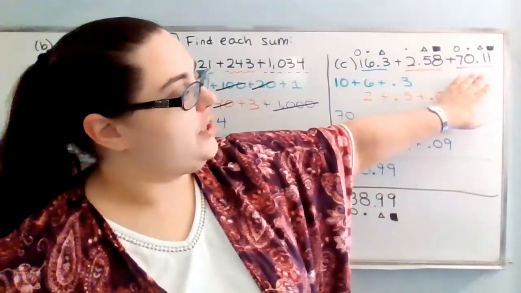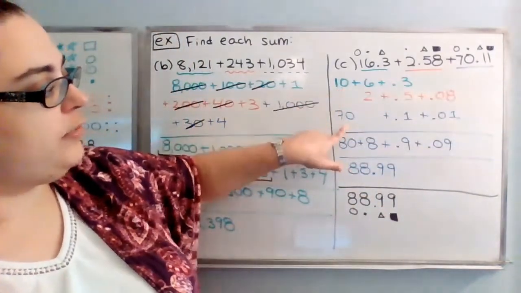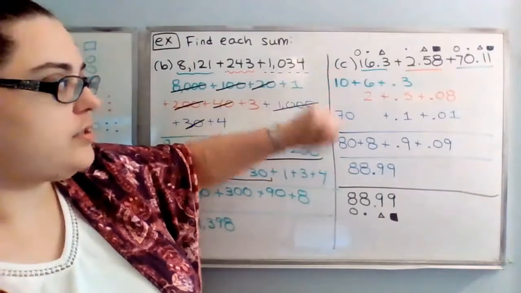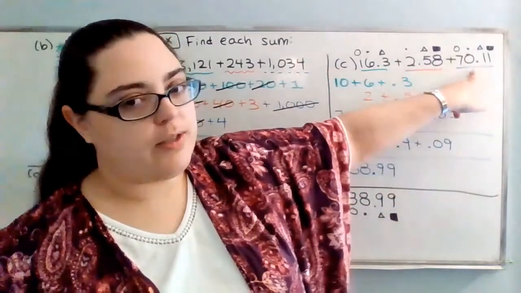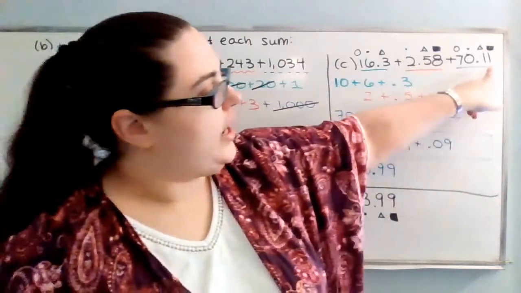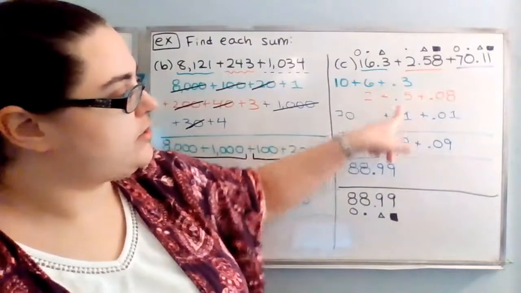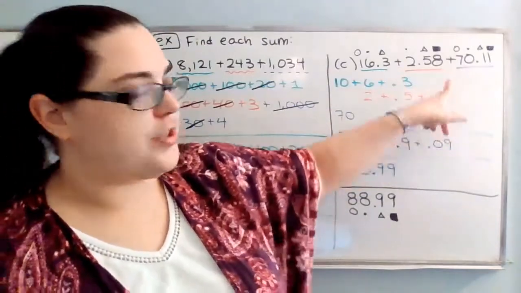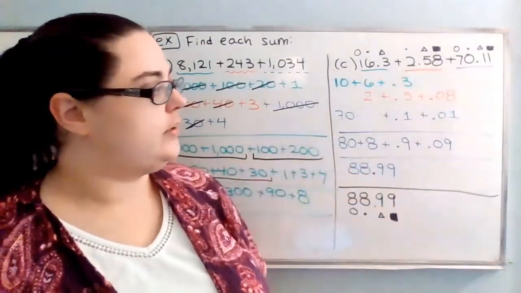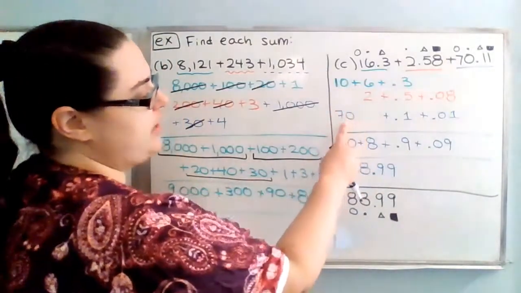And then for 70.11, I lined up the 70 with the 10 because these were both tens numbers. I didn't have any ones here, so I didn't line up any ones. Then I had a tenth, 0.1. So I lined up the tenth with the other tenths. And then the hundredths I lined up as well. And then I combined them. So I said 10 plus 70.